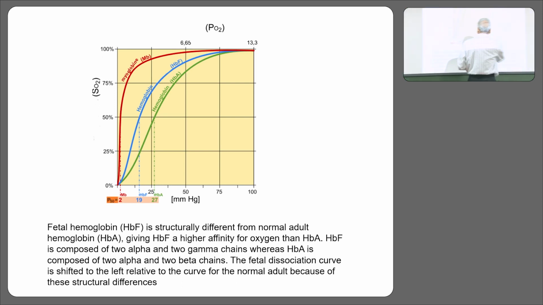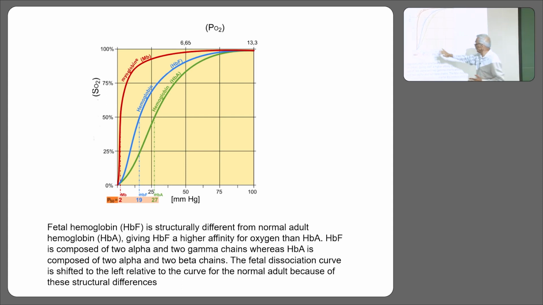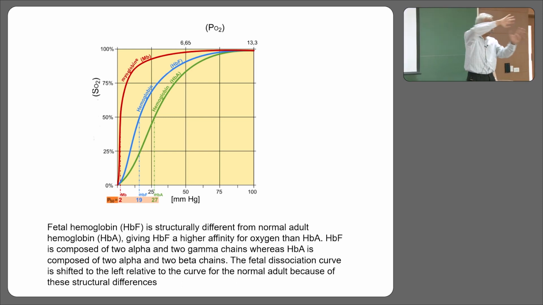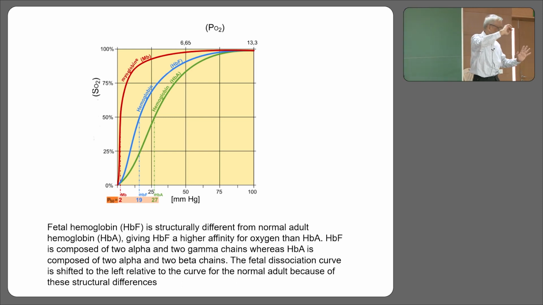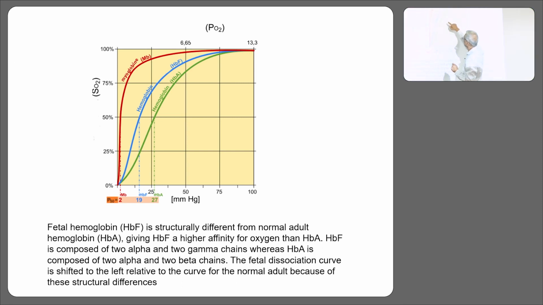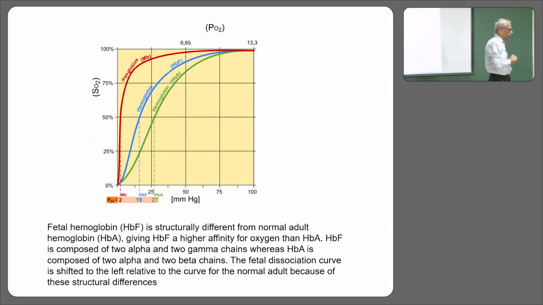Here the green one is our classical adult hemoglobin with 2 alpha and 2 beta units, and the rest of the story is the same. This is adult hemoglobin, and this is HbF, where F stands for fetus or fetal.